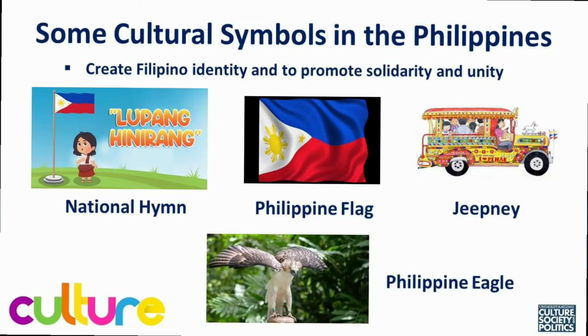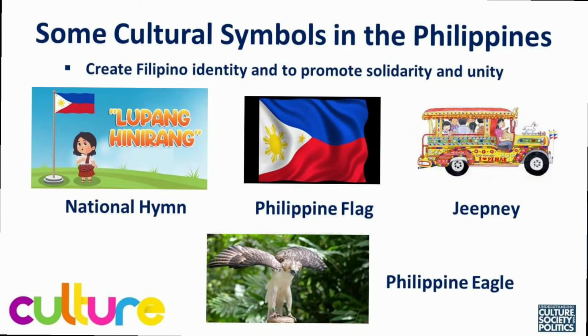Now, these are some cultural symbols in the Philippines. The national items and symbols are used to create Filipino identity and, of course, to promote solidarity and unity in our nation. The first one is the national hymn or Lupang Hinirang, which is one of these cultural symbols. The next one is, of course, the Philippine flag.